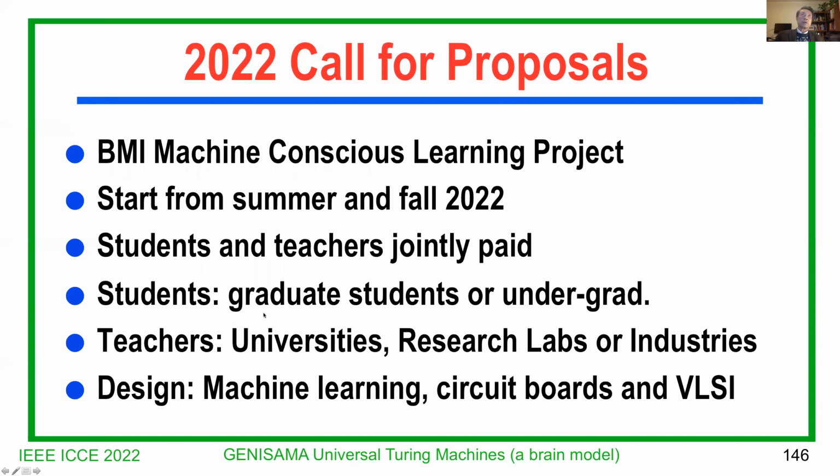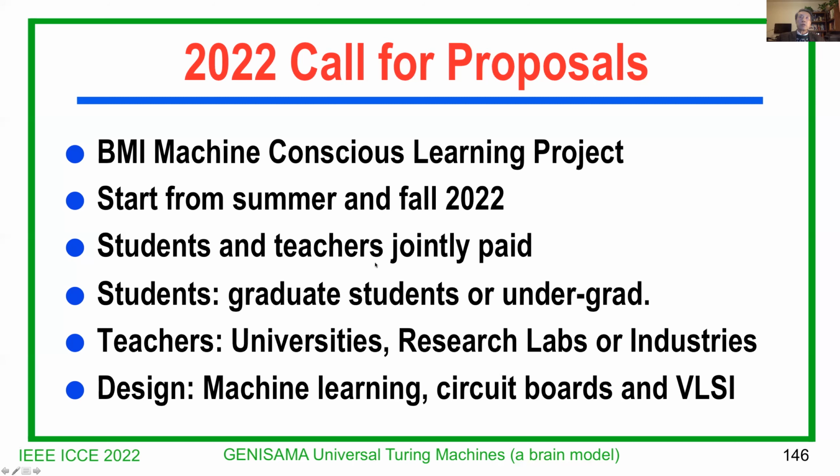And for 2022, there is a call for proposals currently open, for the machine conscious learning project starting from summer or fall, it's up to you. And we can start as soon as summer. The deadline of application is January 15. That's about, let me see, today is 36, so we have about 9 days.